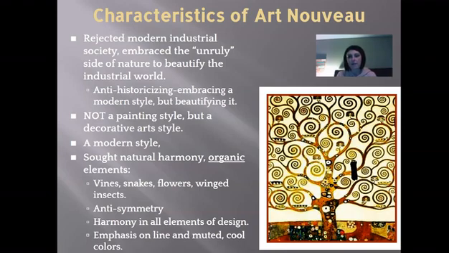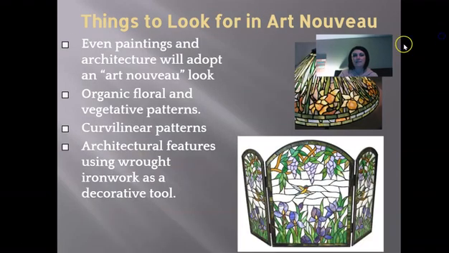We see it in furniture, lamps, buildings, everything, this touch of Art Nouveau bringing in organic elements, things that naturally grew and developed, like vines, snakes, flowers.